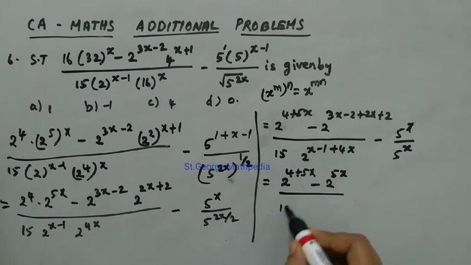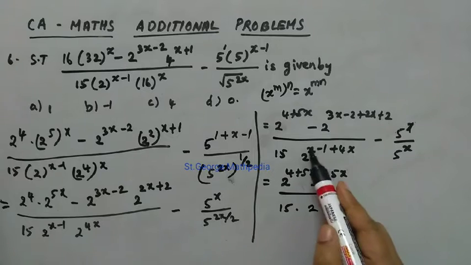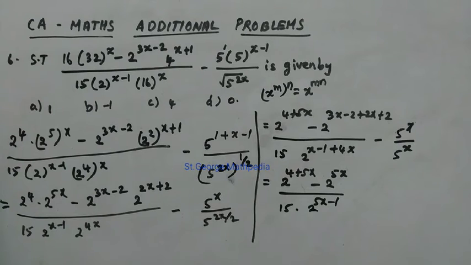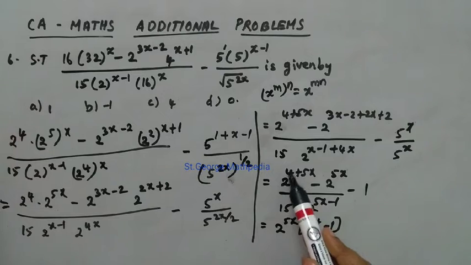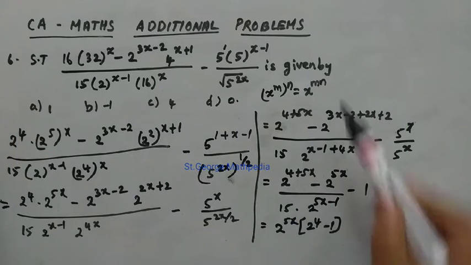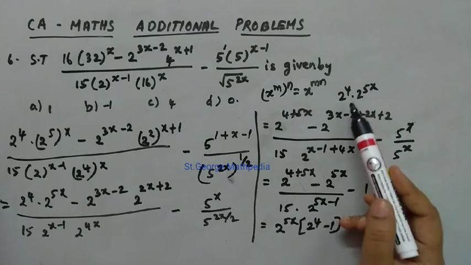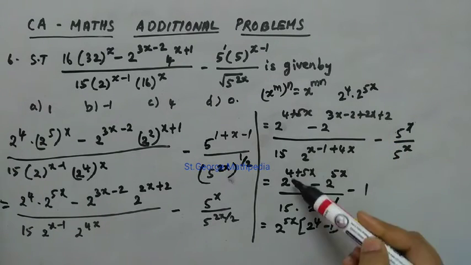Okay, so this is divided by 15 into 2 to the power of x plus 4x, 5x, 2 to the power of minus 1, okay, minus 5x by 5x, 1, that is equal to 2 power 5x commonly outside, so you will have 2 power 4 minus 1. 2 to the power of 4 plus 5x, this you can write as 2 power 4 into 2 power 5x, same base, so you can add the power.